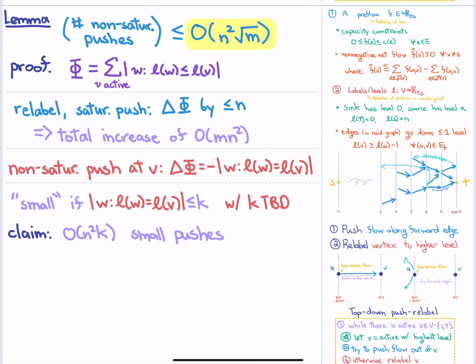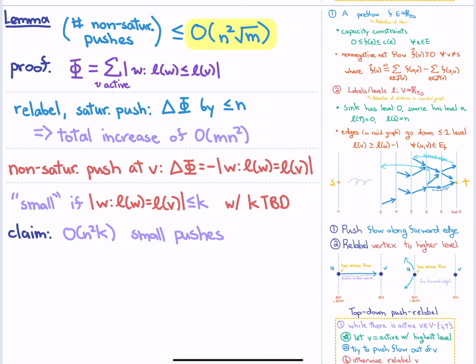All right. How about small pushes? Imagine here's a vertex v and there's only like 5 other vertices at the same level. The claim is that there's only n squared k small pushes, but really what's going on is, imagine the highest level of active vertices is like level 100. That means you're pushing out of vertices at level 100 until there's none left, and then you go down to level 99 because you're always picking the highest level.